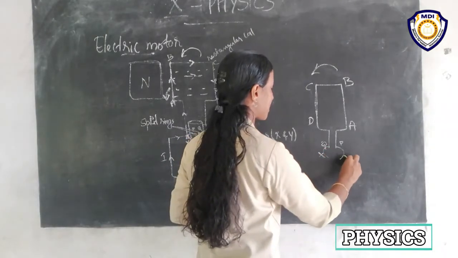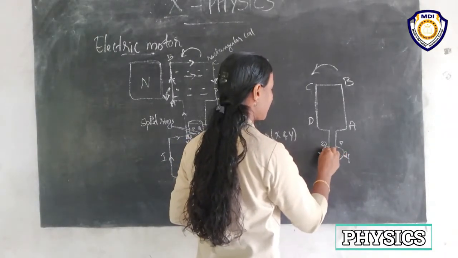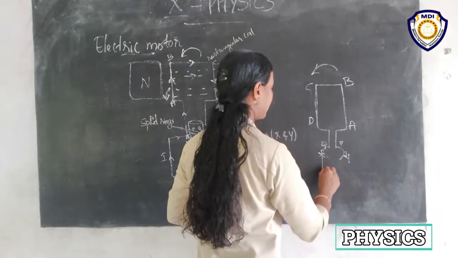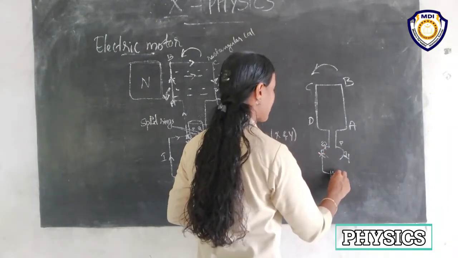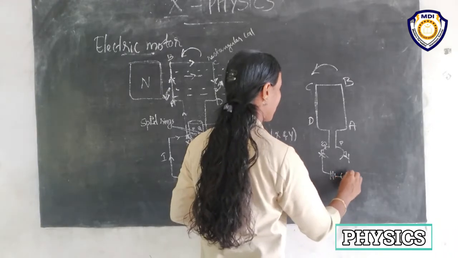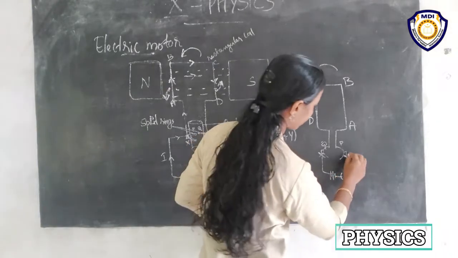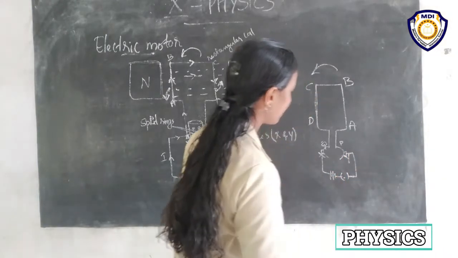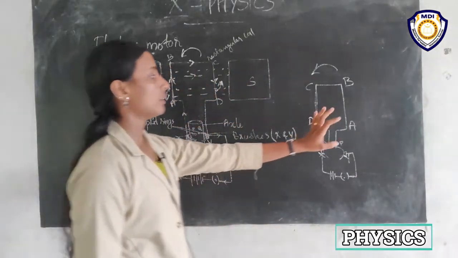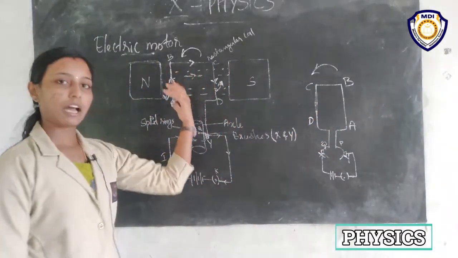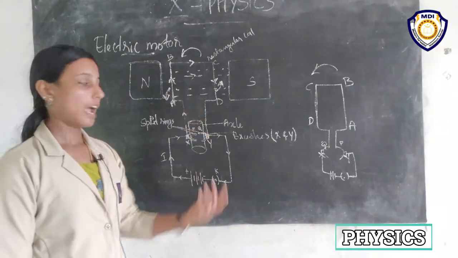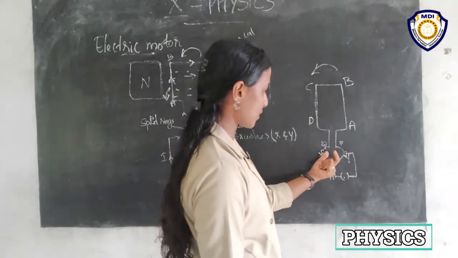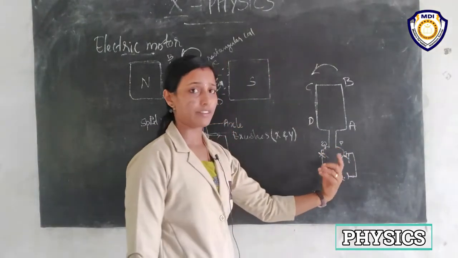The graphite brushes X and Y should be there, and they are connected to the cell. So after half rotation, this armature coil is reversed, and the split rings are also reversed, right?